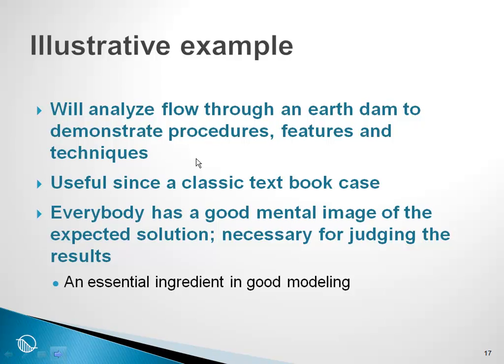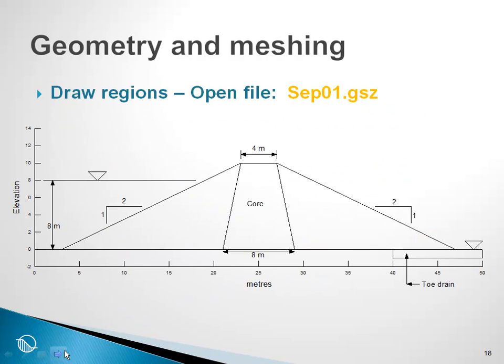We will start then with the first component of a finite element analysis, and that is geometry. We're going to open a file SEEP 01, and what we want to do here is to illustrate how to draw regions and how to do some meshing.